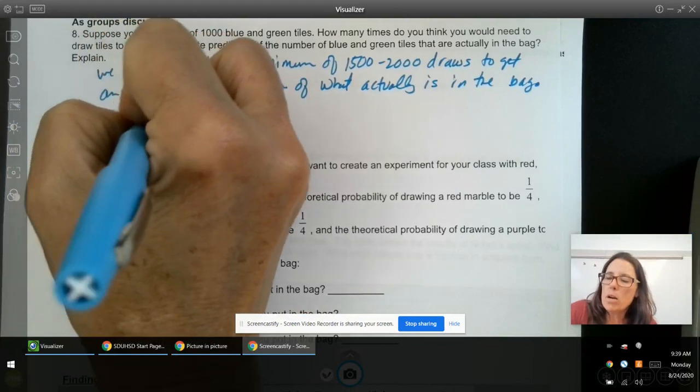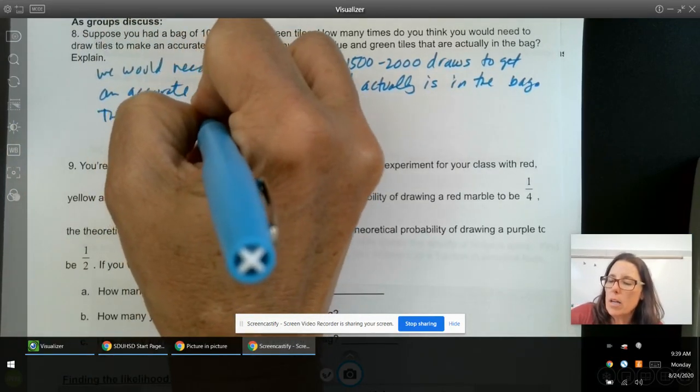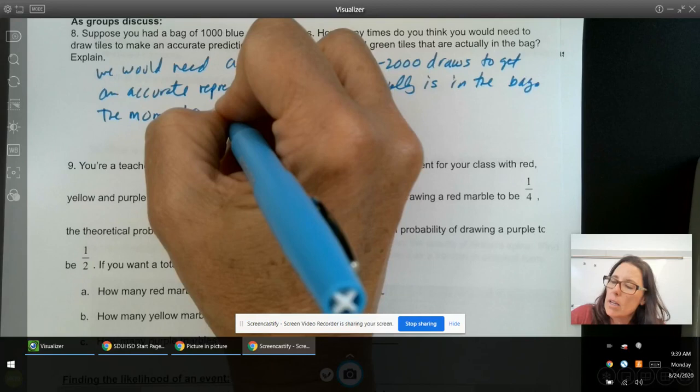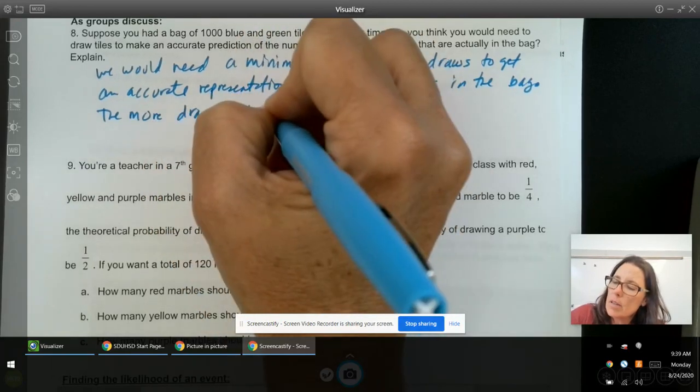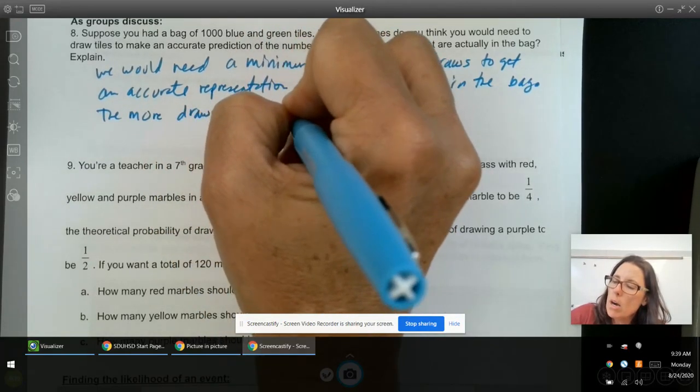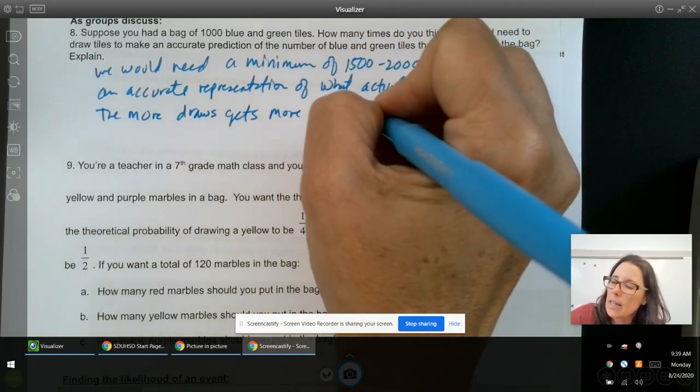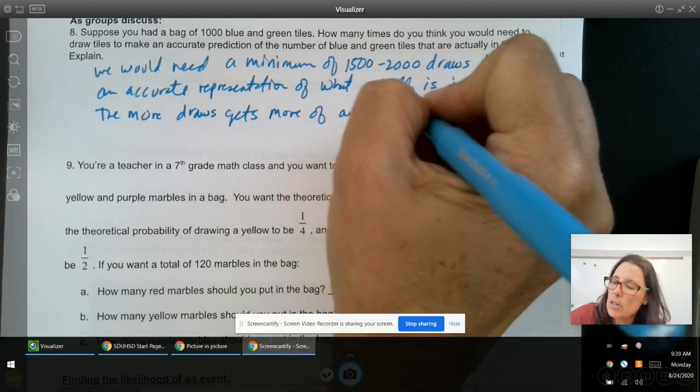The more draws gets more of an accurate picture.